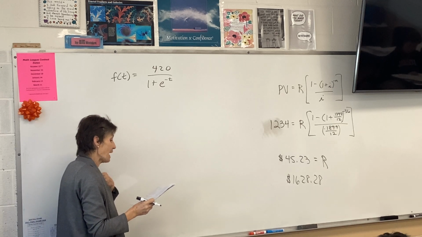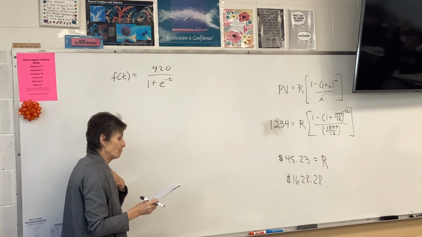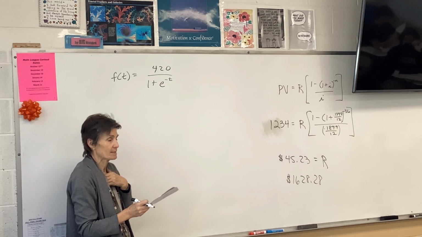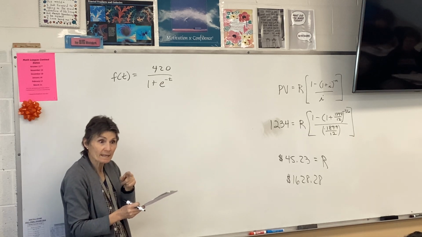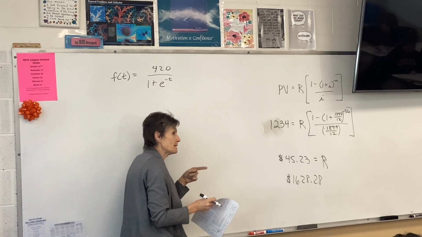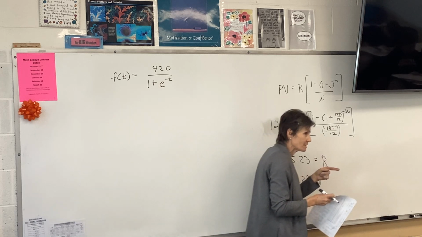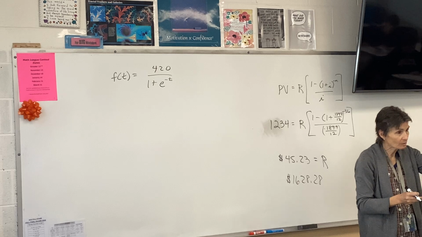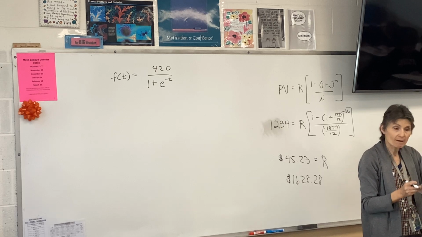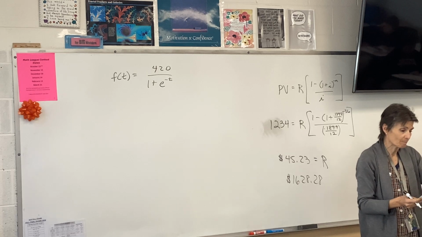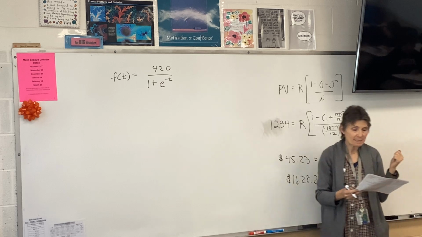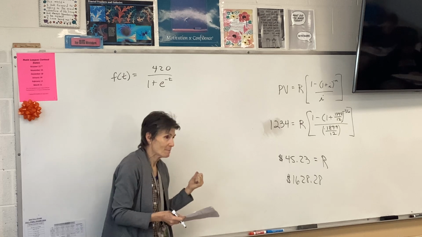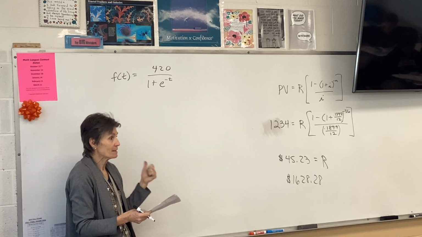Okay, what is the maximum population of bees? 420. Why is 420 the maximum population of bees? Because it's the limit to growth. Isn't that your top asymptote? Yeah. And so you're not gonna have anything above the top asymptote. How many bees were present initially? Let t be zero.